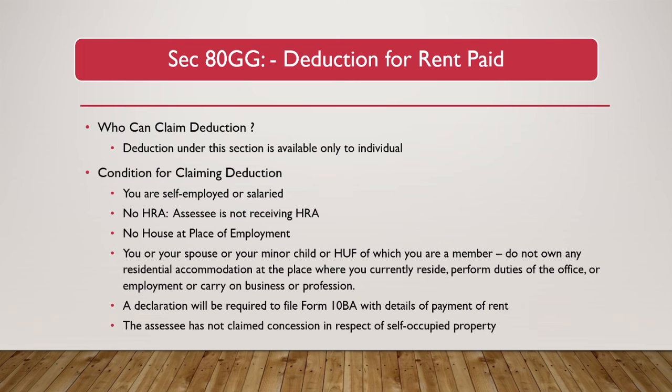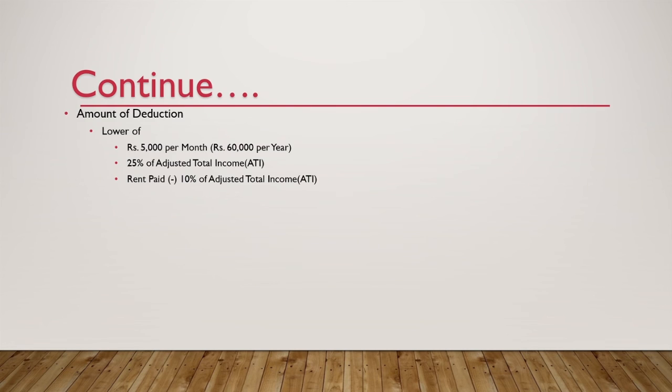Friends, but there is a specified limit for claiming this deduction. There are 3 conditions given. Out of the 3 conditions, the lowest value shall be claimed as deduction. So let us look into the 3 conditions.